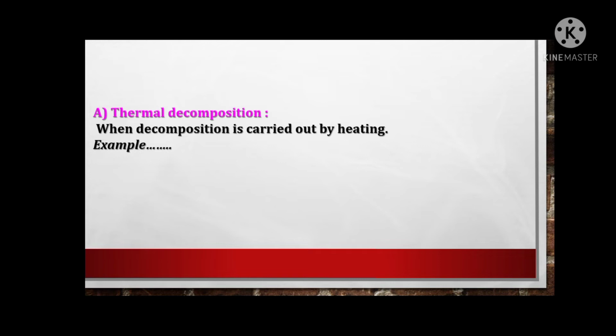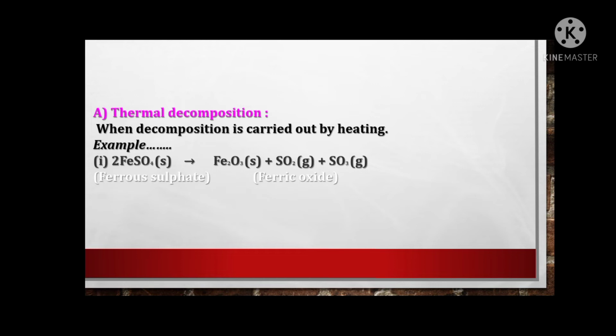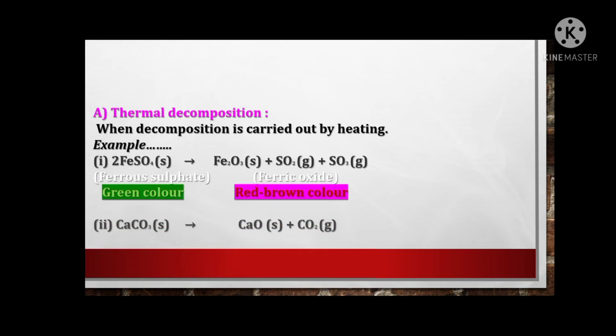For example, ferrous sulfate is a solid substance. When it is heated, it produces ferric oxide, sulfur dioxide, and sulfur trioxide. Similarly, calcium carbonate on heating produces quicklime and carbon dioxide.